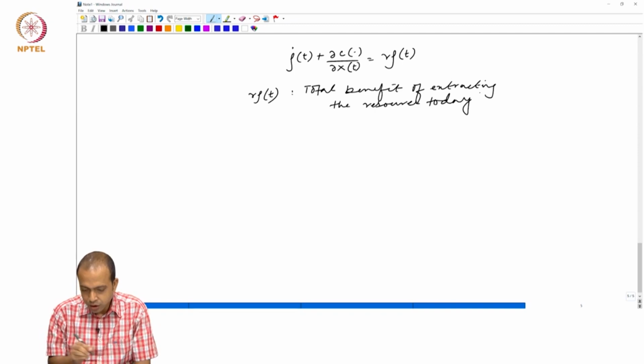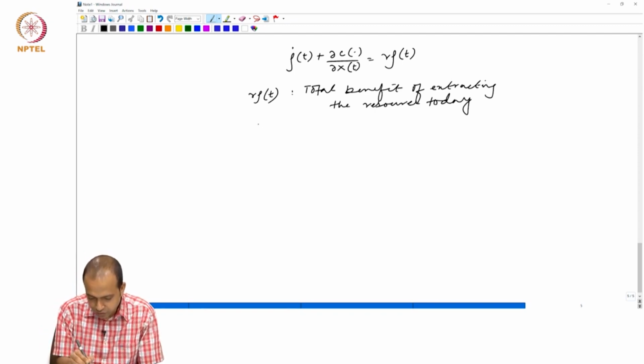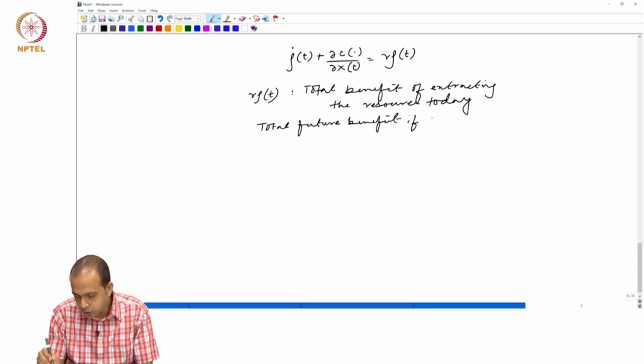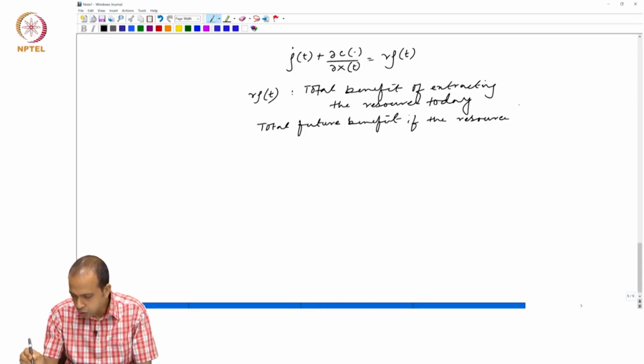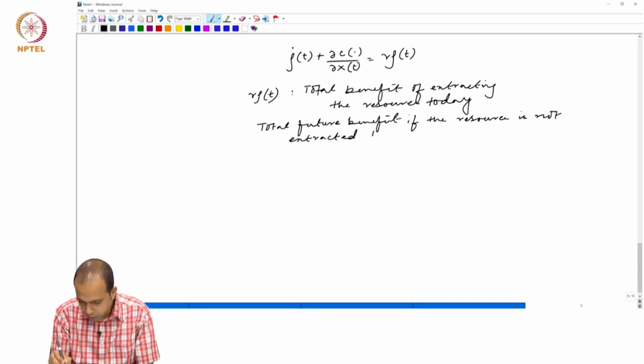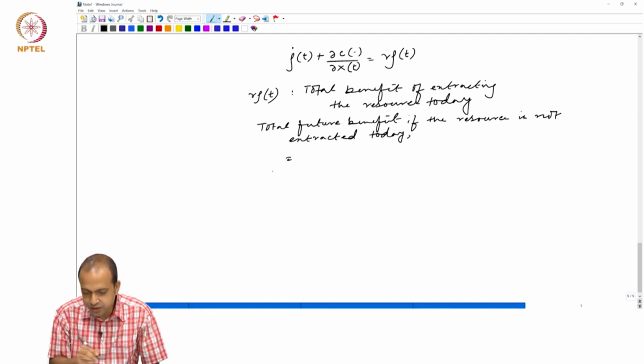Right. Now, the total future benefit if the resource is not extracted today is basically a summation of the following.